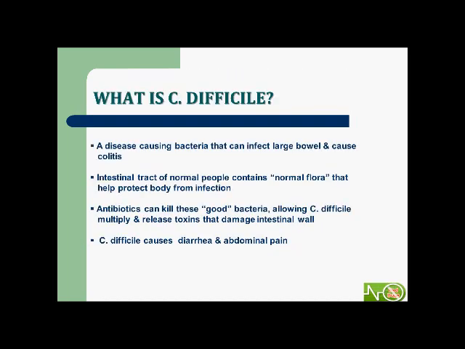What is C-Difficile? It's a disease caused by bacteria that can infect large bowel and cause colitis. Intestinal tract of normal people contains normal flora that helps protect us from infection. Clostridium difficile is in our food chain, but then we can get colonized by it.